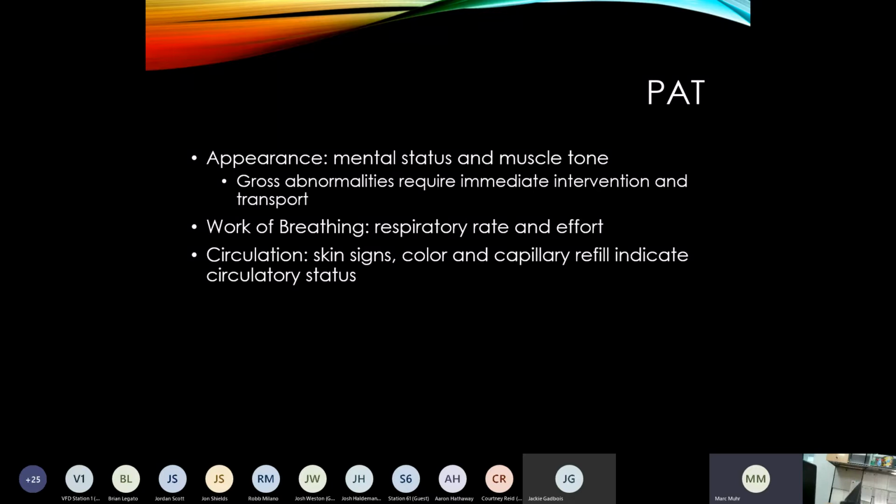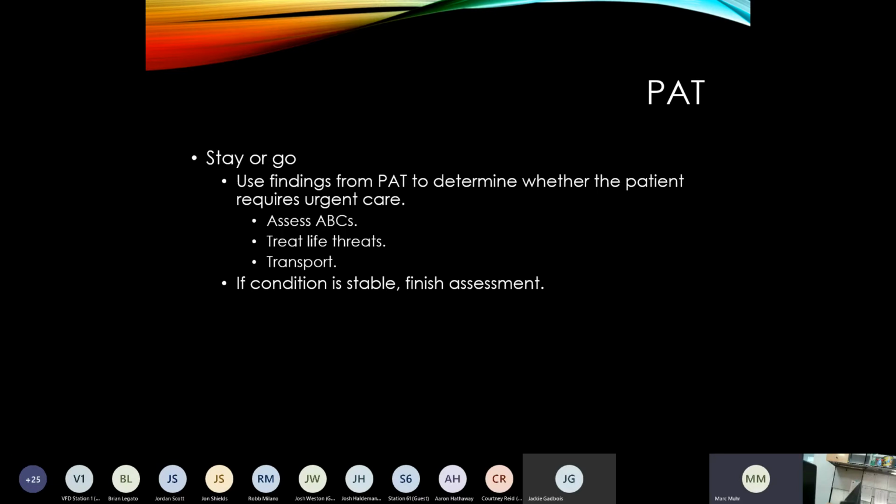Circulation: what are their skin signs? Are they a color they're not supposed to be? What does their capillary refill tell you? All of these things can indicate what their circulatory status is, and any derangements in those you need to deal with right away. The findings from your PAT assessment basically let you know whether your patient requires immediate intervention and rapid transport, or whether you can move further in your assessment.